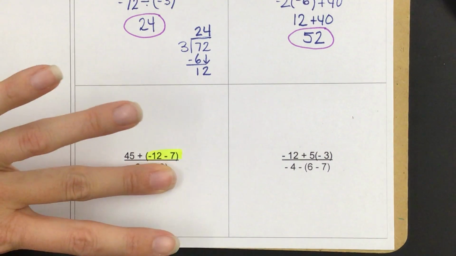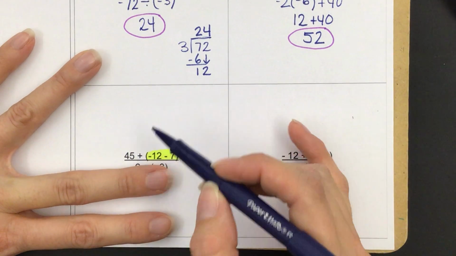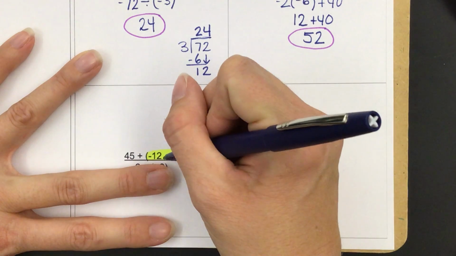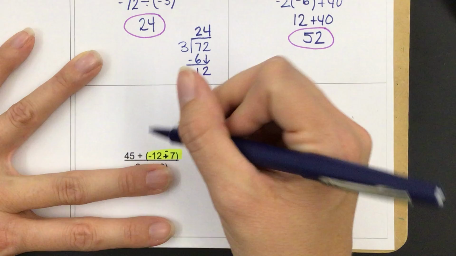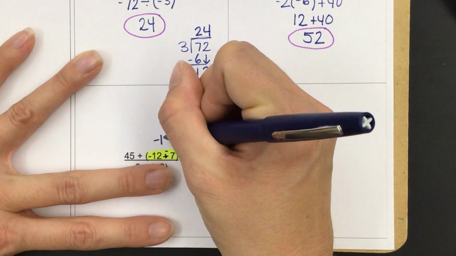Like I said, I'm completely ignoring the bottom. So -12, and we can keep it switch like Chelsea was saying. So this will become plus -7. -12 plus -7 is a -19.